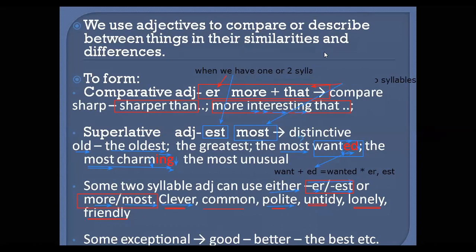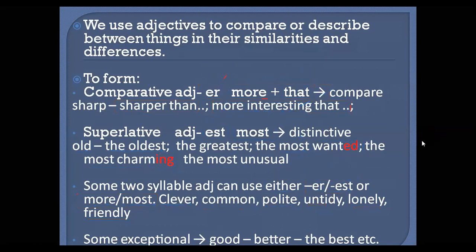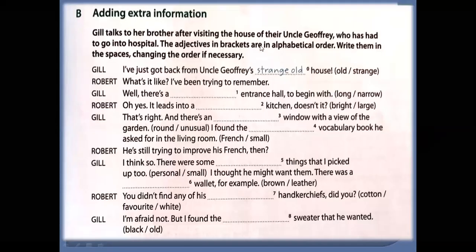So any question now? No. Okay. So let's move on to the next slide, which is the exercise. Add in extra information. Here you're going to use the adjective in brackets. Put them in alphabetical order, then write them in the space, changing the order if necessary.